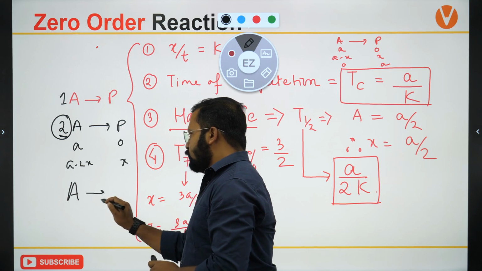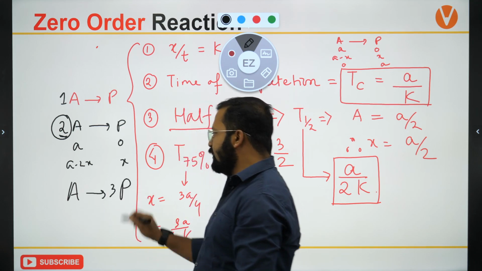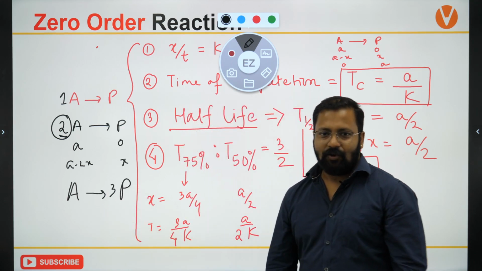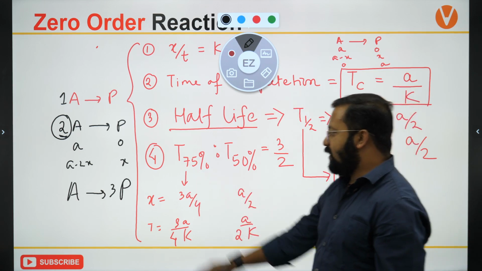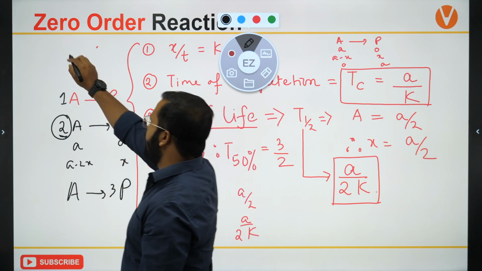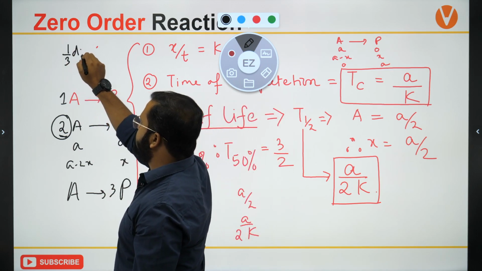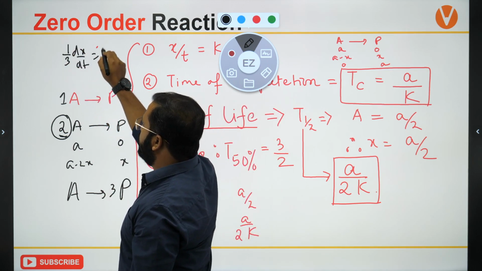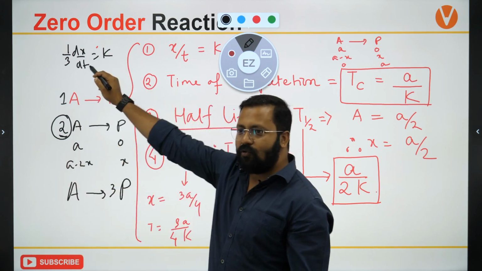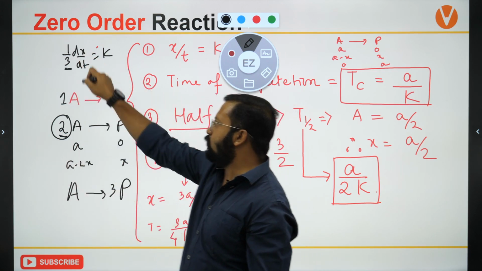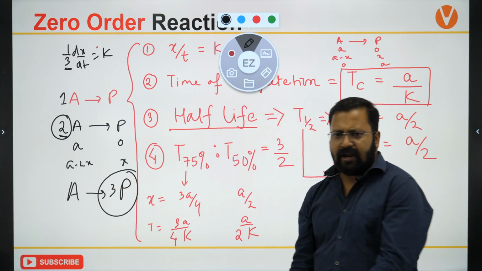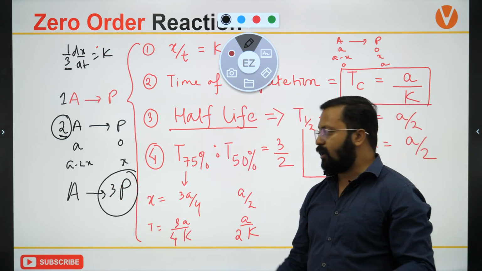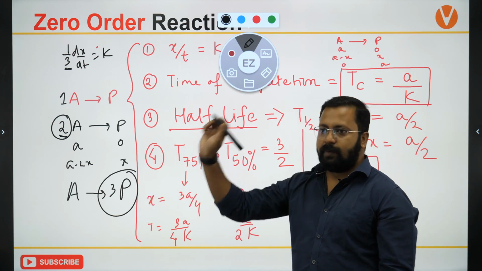A changes to 3p. In that case, what will happen? So when A changes to 3p, you will write this as 1 by 3 dx by dt is equal to k. In that case, you will have to put a 1 by 3 over here, because for product, the rate of reaction will become 1 by the stoichiometric coefficient times dx by dt.